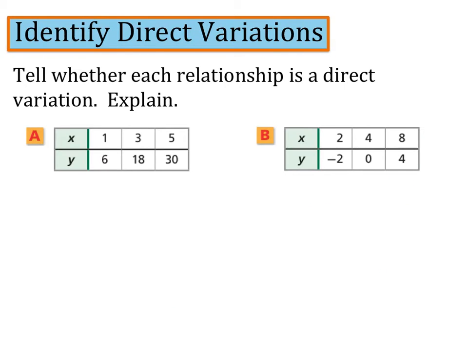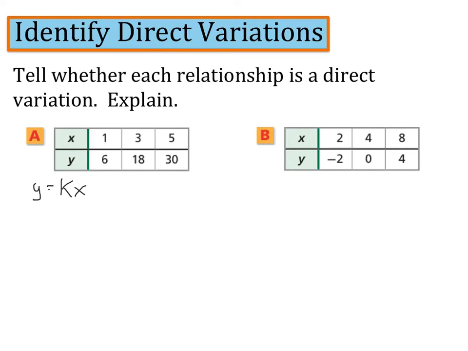Let's say that you're given a set of data and you're asked to tell whether the relationship is a direct variation. What you want to do is see if each ordered pair has the same constant of variation. We start off with the equation y equals k times x, remembering that k is the constant of variation.